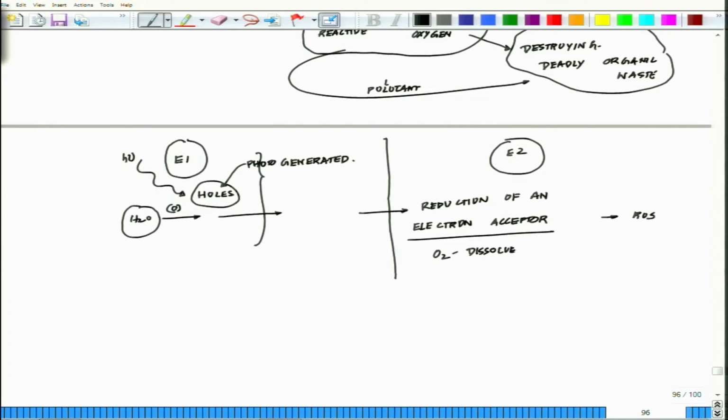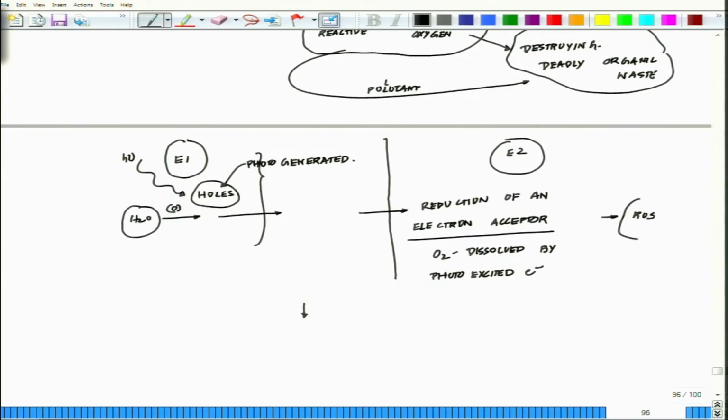So, this is the dissolved oxygen by photoexcited electrons. These reactions led to the formation of a hydroxyl.